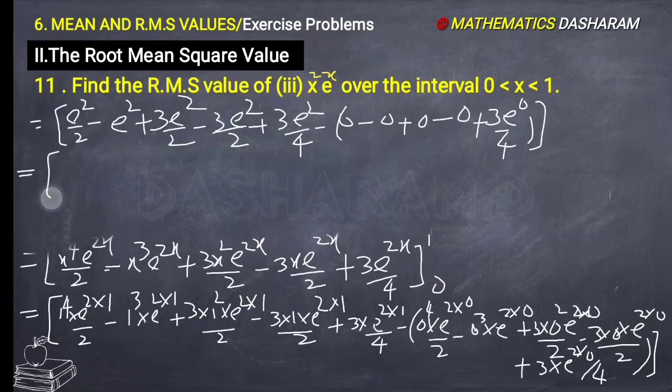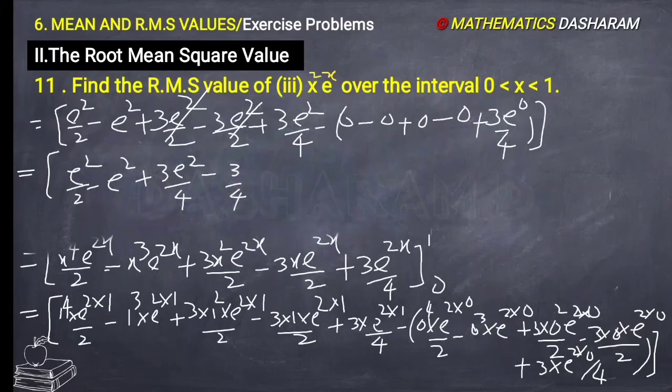So it is equal to plus 3e square by 2 minus 3e square by 2 cancel, e square by 2 minus e square plus 3e square by 4 minus 3 by 4, because here e power 0, the answer is 1.